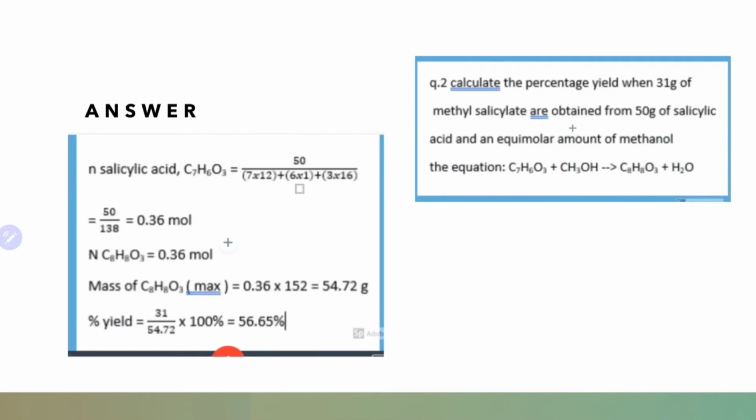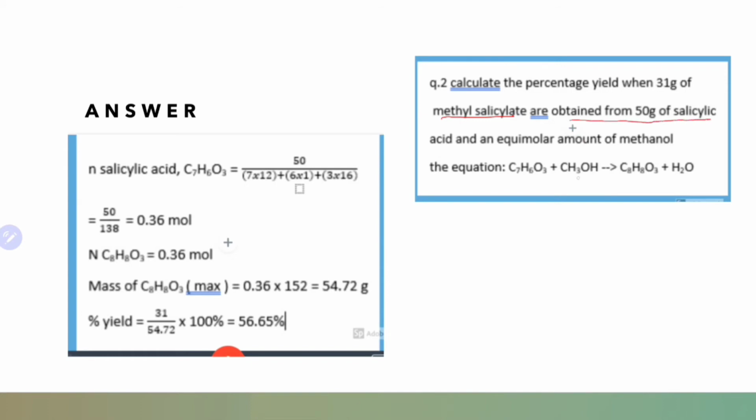Question number 2. As an example for you, calculate the percentage yield when 31 grams of methyl salicylate are obtained from 50 grams of salicylic acid and an equimolar amount of methanol. The equation is this one. So here once again, 31 grams of methyl salicylate obtained from 50 grams of salicylic acid.